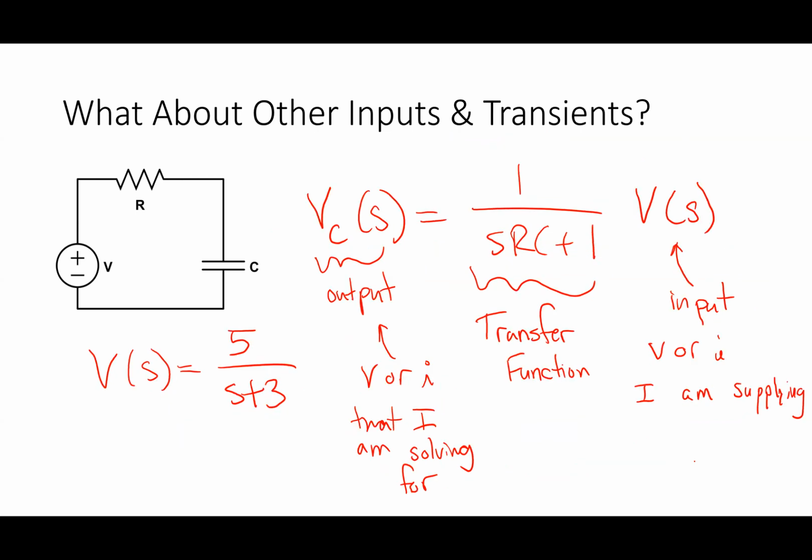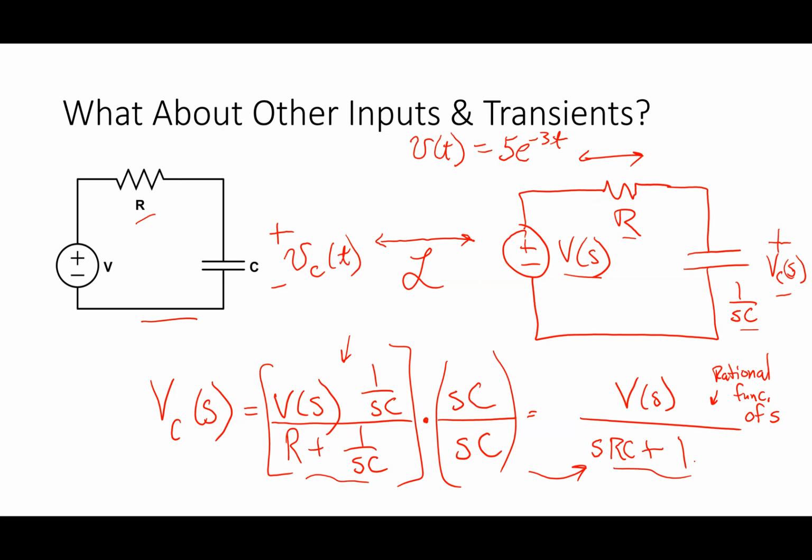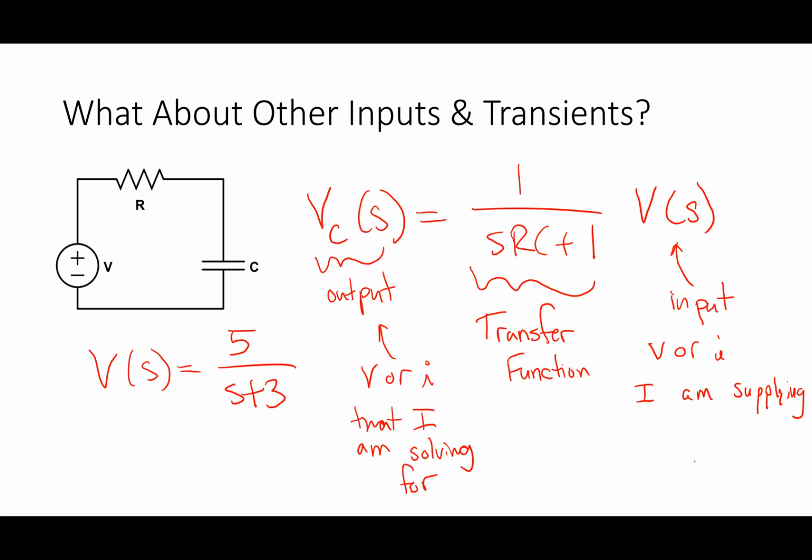Now, what we found here basically is this. We went through this last time. If we look at what we wrote on the last line here, V sub C of S, the Laplace transform of the output, is equal to the Laplace transform of the input divided by SRC plus 1.